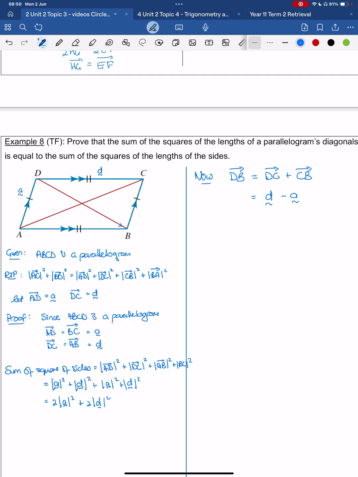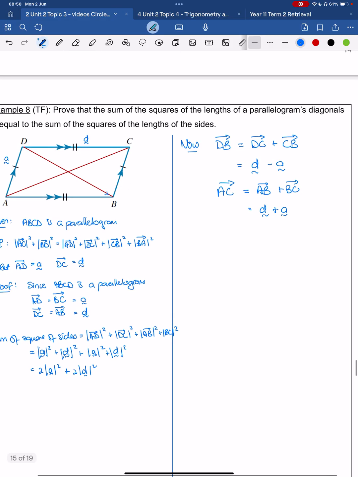And I can also see that AC is going to be AB plus BC, and that's going to be d plus a, okay?